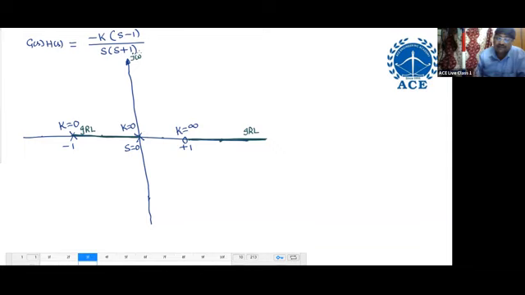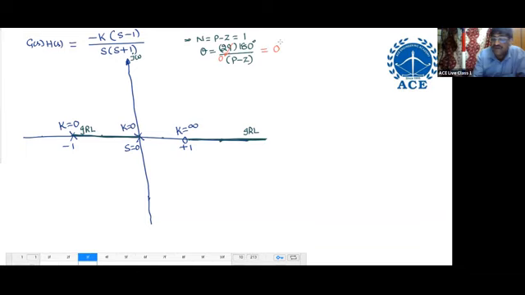Next, calculate the break point and number of asymptotes. Number of asymptotes equals P minus Z, same thing remains, so that means 1. Angle of asymptote, what is the formula? 2q into 180 by P minus Z. The first value of q is 0.